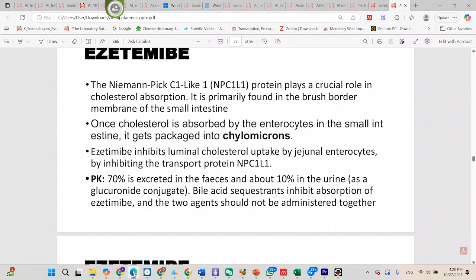So ezetimibe is an inhibitor of this protein, and when it inhibits this protein, it inhibits the absorption of cholesterol from the small intestine. About 70% is excreted in the feces. Once cholesterol is not absorbed, it gets excreted, and about 10% is excreted in the urine as glucuronide conjugate.